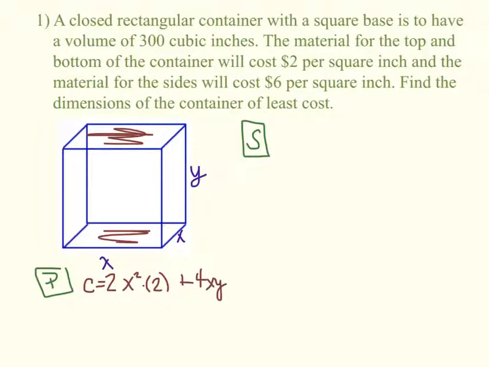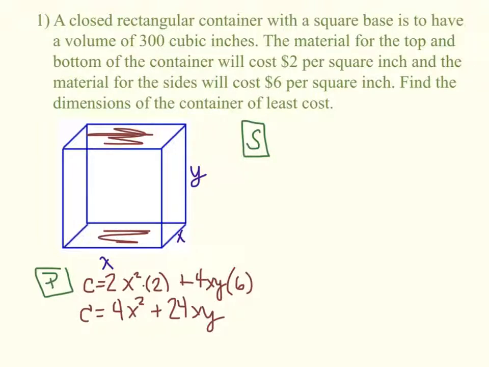And again, that is the total area for those 4 sides times $6 per square inch. Okay, so there is my cost function, and I'm just going to take one more step to clean it up, and it would be 4x squared plus 24xy. So there's my primary equation.